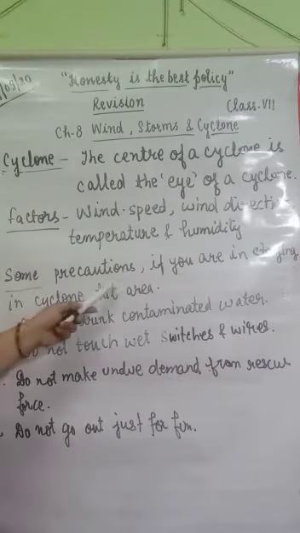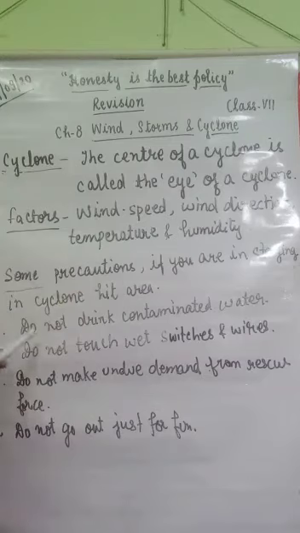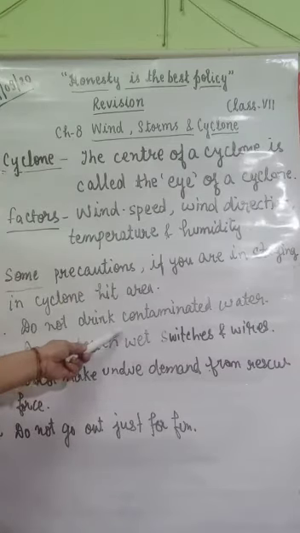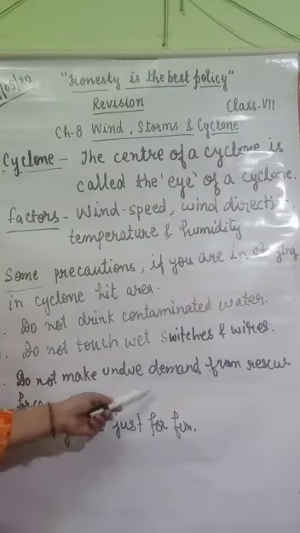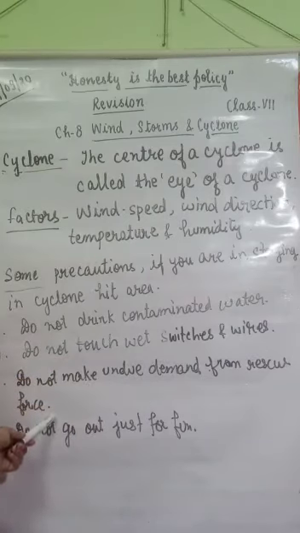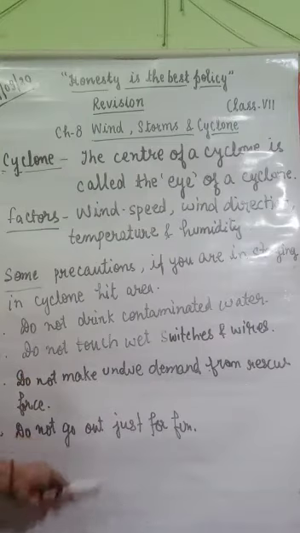Some precautions if we are staying in a cyclone hit area: Don't drink contaminated water. Firstly, boil it properly because contaminated water contains many germs that cause many diseases. Don't touch wet switches and wires. Don't make undue demands from the rescue force. And don't go out just for fun.